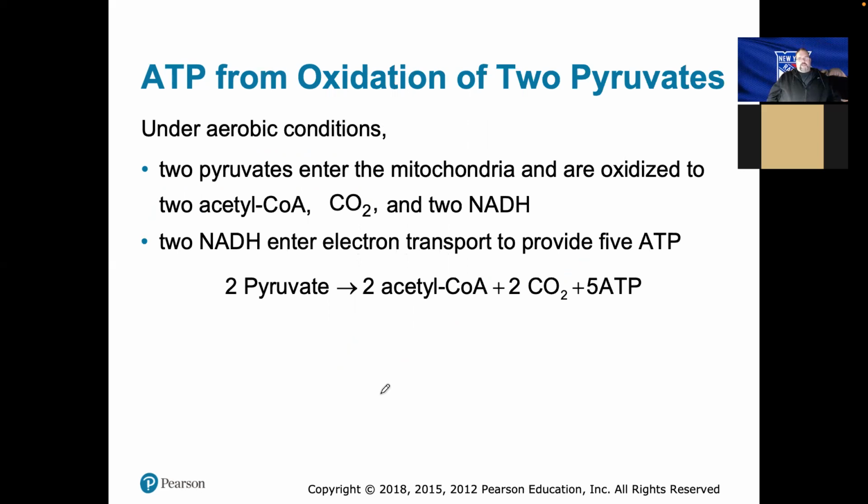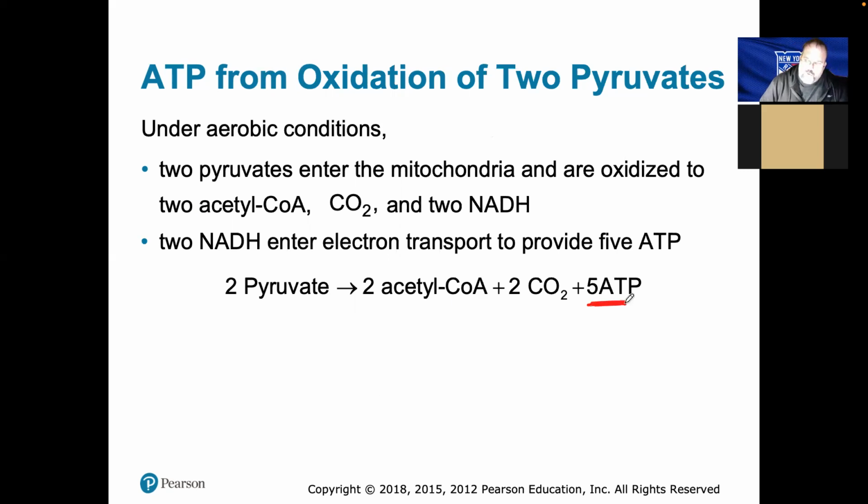ATP from the oxidation of 2 pyruvates. Under aerobic conditions, two pyruvates enter the mitochondria and are oxidized to 2 acetyl coenzyme A, CO2, and 2 NADH. The 2 NADH enter electron transport to provide 5 ATP.